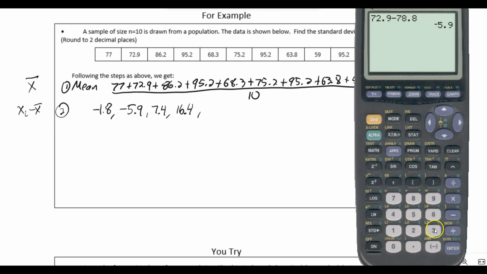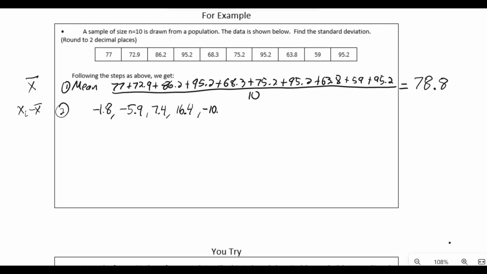I had a mistake in the notes in an earlier version, so I just want to make sure that I corrected it. There you go, negative 10.5, perfect. Negative 10.5, and then 95.2 minus 78.8, 16.4. Negative 15.